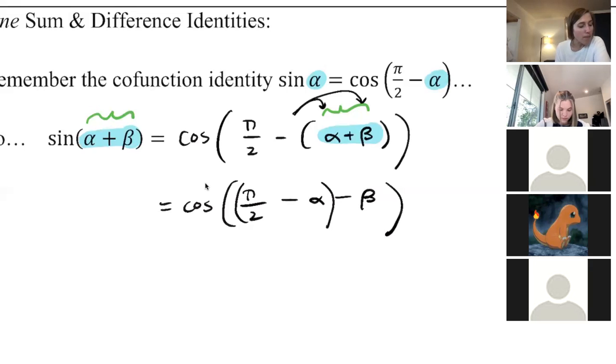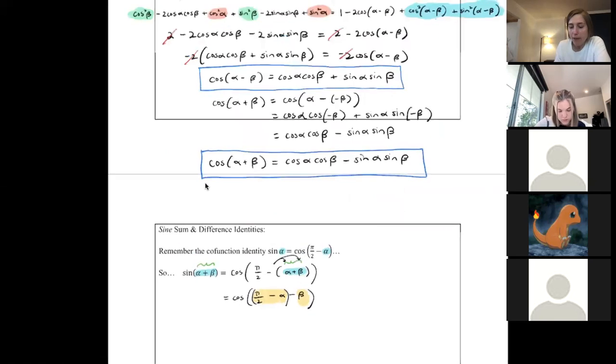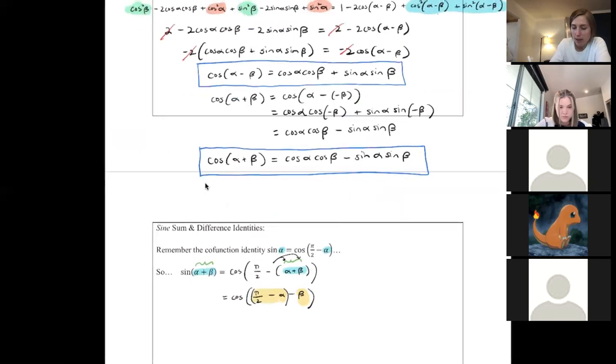Okay, so from there, I want you to think about pi over 2 minus alpha as one angle and beta as a second angle. Because then we're going to apply the difference identity for cosine, right?